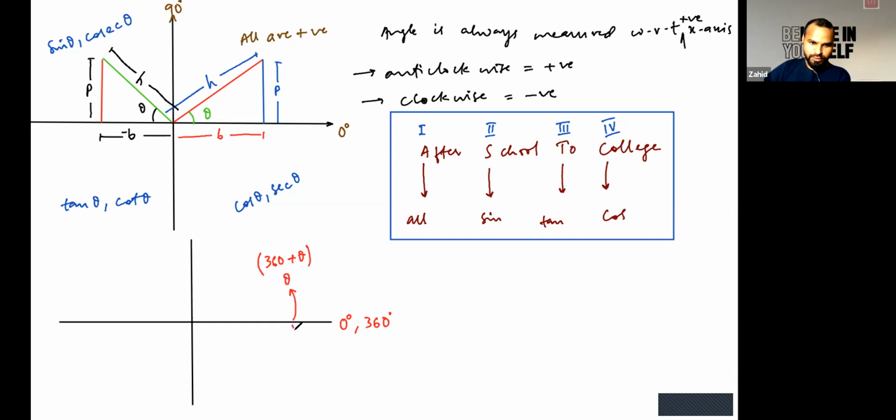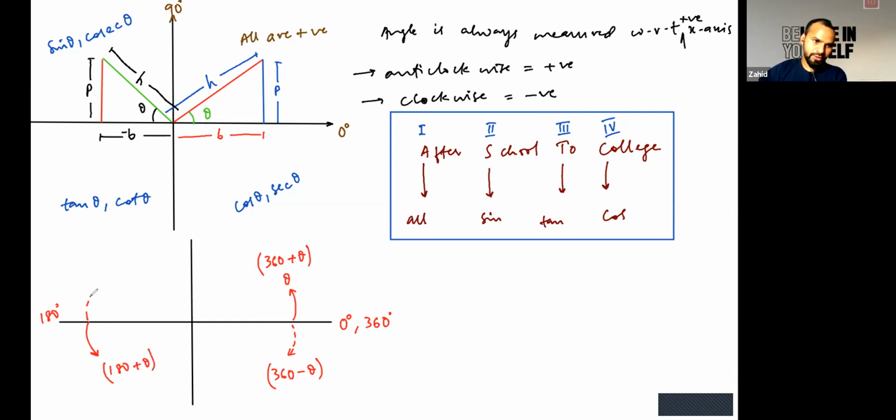But if you move along the clockwise direction to reach this fourth quadrant, in the clockwise direction the angle would be measured as negative. So it will be termed as 360 degree minus theta for this fourth quadrant. Similarly, this is 180 degree. If you move along the anti-clockwise direction, the angle would be positive, so it will be 180 degree plus theta.